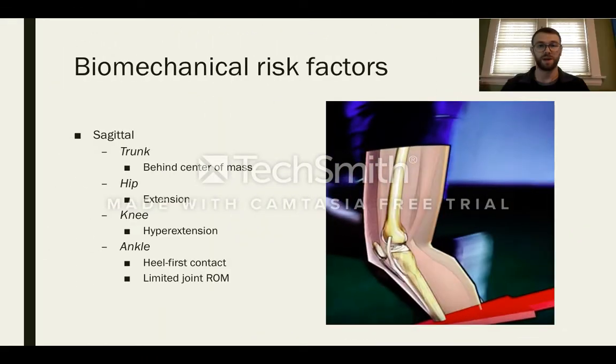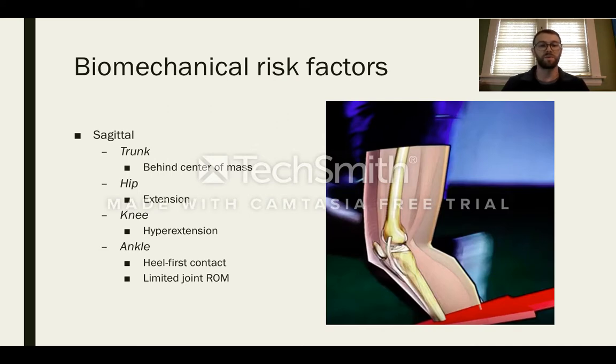So as we're looking at biomechanical risk factors, along the sagittal plane we could have the trunk, the hip, the knee, or the ankle all playing a part. If the center of mass of the body is shifted behind the hips and behind the rest of the lower extremity, then the individual may be at a greater risk of injury.